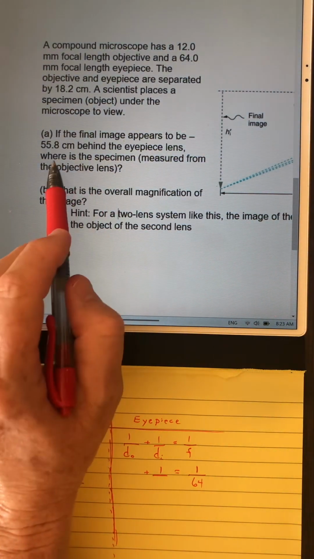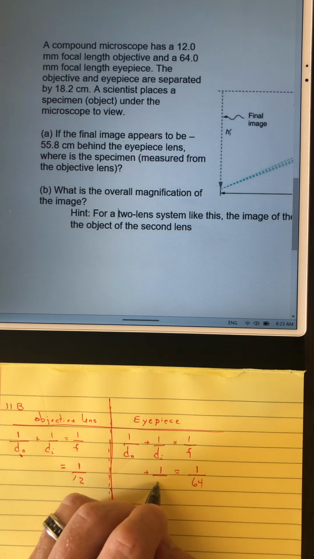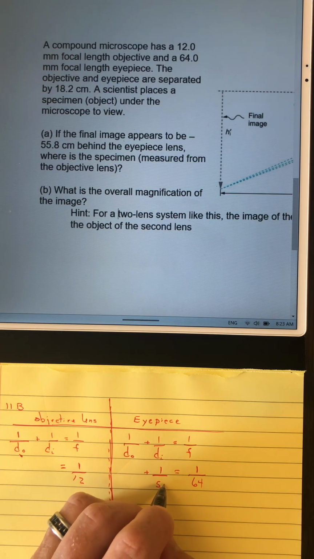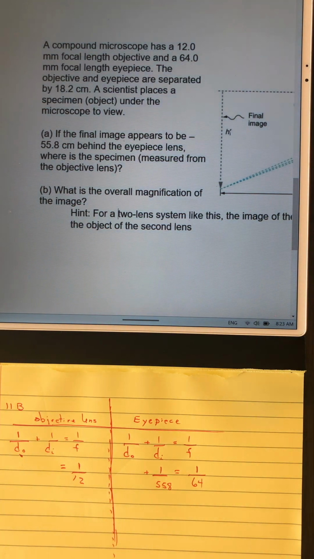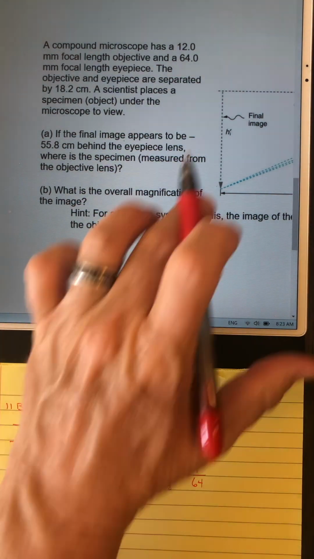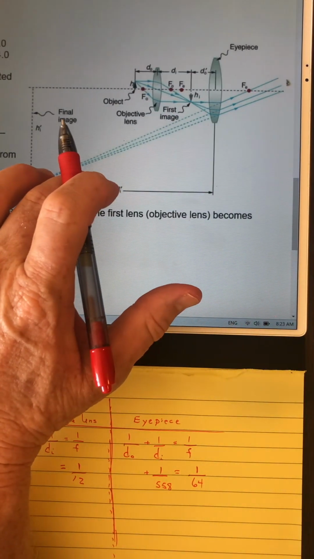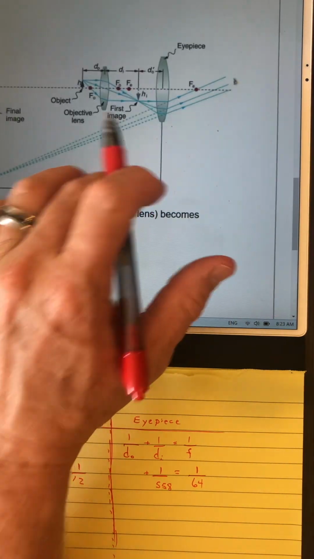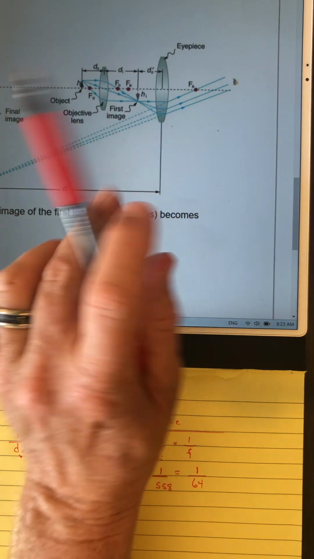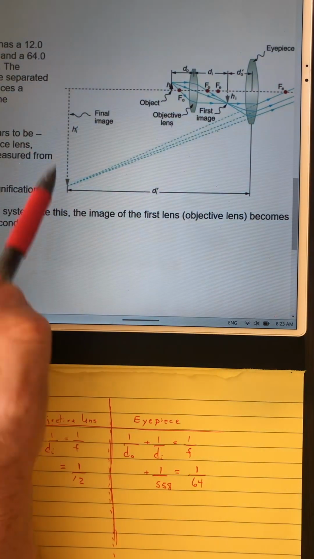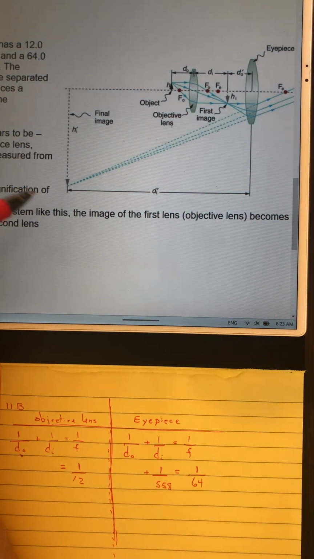So this would be 558. And like our other optics one, be careful with your sign, and you can kind of see it a little better in the picture. Here's the eye looking through the eyepiece, and it sees a virtual, very large, upside down image. Of course, you guys have probably used microscopes a lot.